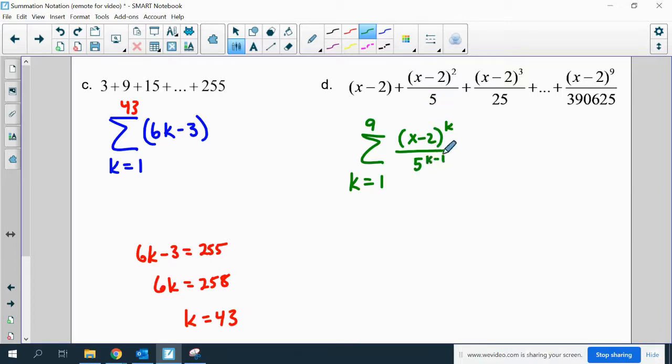So I need a k minus 1 in the denominator. So if I plug in k equals 2, then I end up with 5 as my denominator. If I plug in k equals 3, I end up with 5 squared, or 25, as my denominator. And so that kind of seems to be the pattern that's developing here.